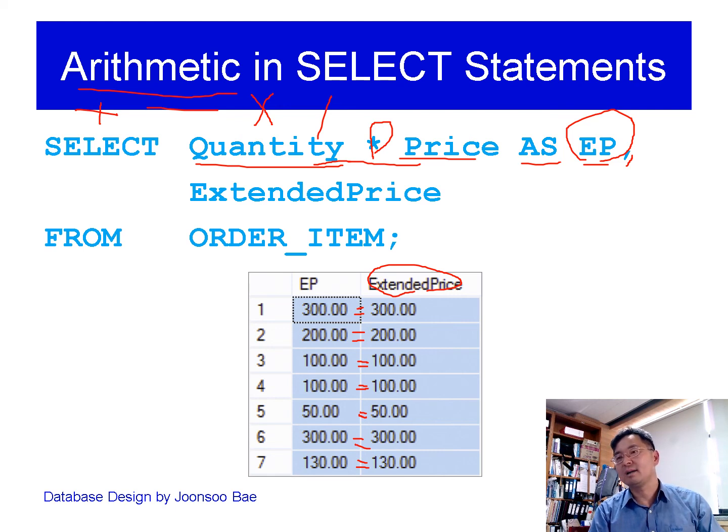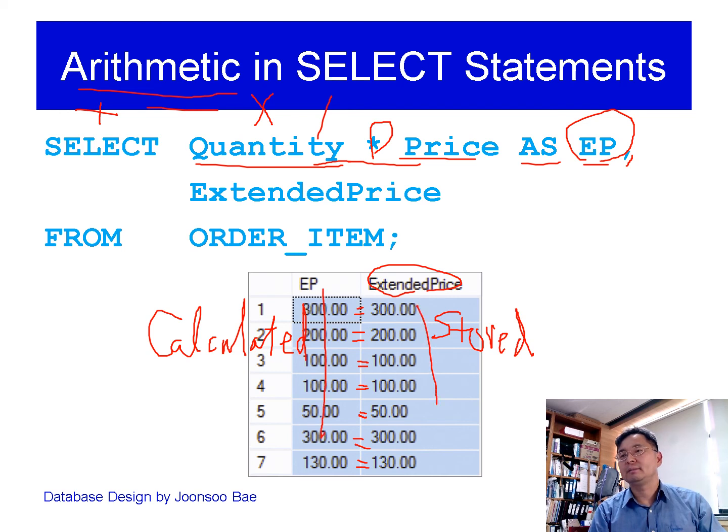So the extended price column data is stored in the database, and the EP column was calculated using also stored data, but these two data sets, EP and extended price, stored and calculated, must be the same in order to check the integrity of stored data.